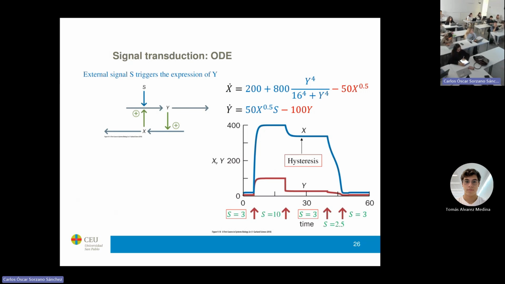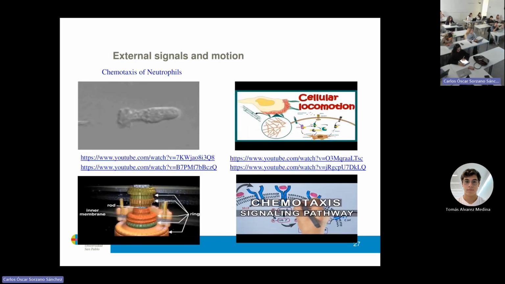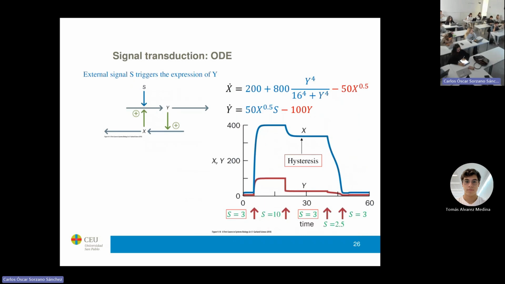What is happening is that it is getting trapped in some intermediate stable state. It is trapped there, and it doesn't fall to the original level until S goes down to 2.5. When S goes down to 2.5, then it drops to the original level, and then it goes up to 3, and then you are at the same point as before.